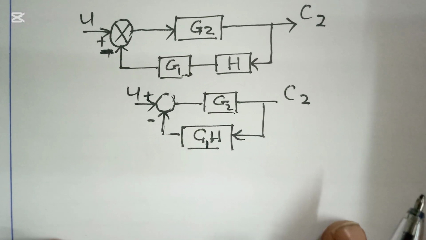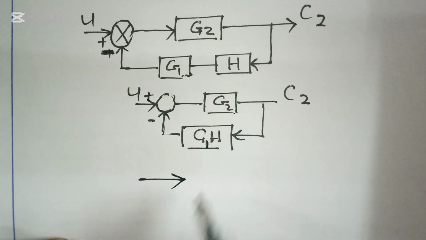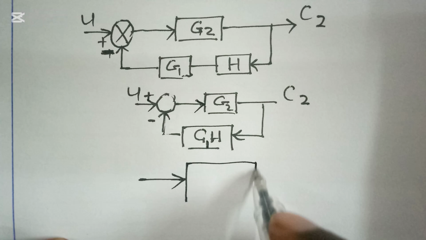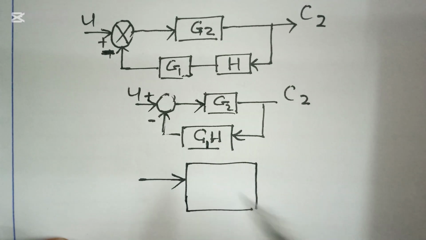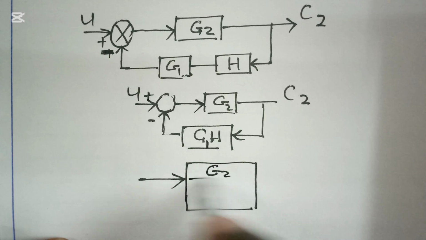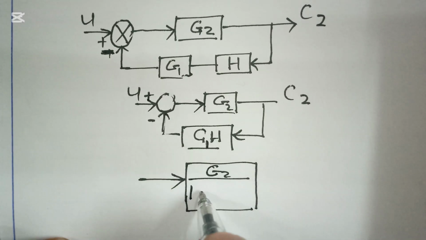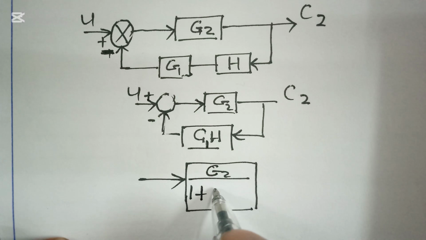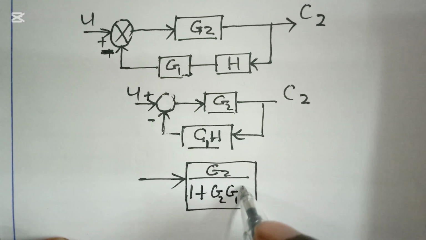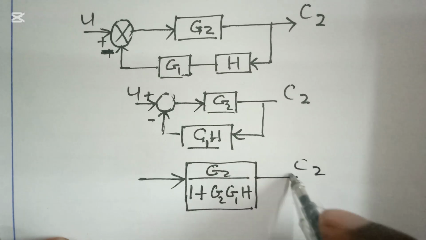Eliminating the feedback, this is what we are going to have. Because we have that there, it's going to give us G2 all over 1 plus, yet again, G2, G1, H, and this one now gives us the C2.